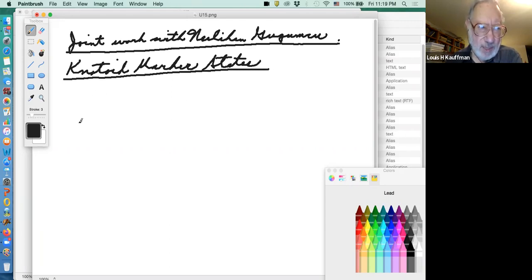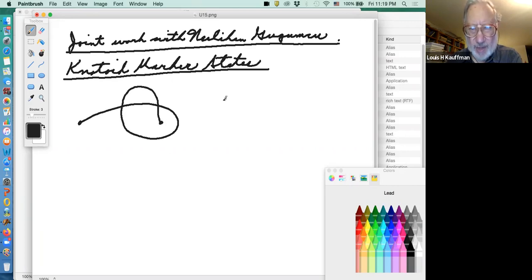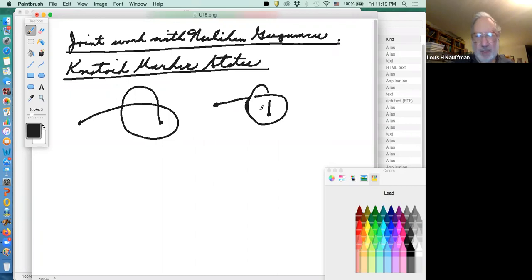What does a knotoid look like? Here's a nice knotoid diagram, okay? And if you wanted to make a knot out of it, well, you could do that, right? It's one of the simplest knotoids. Remember how knotoids work. It's just like knot theory, except that you have endpoints, and the endpoints are not necessarily in the same region. They could be in the same region.